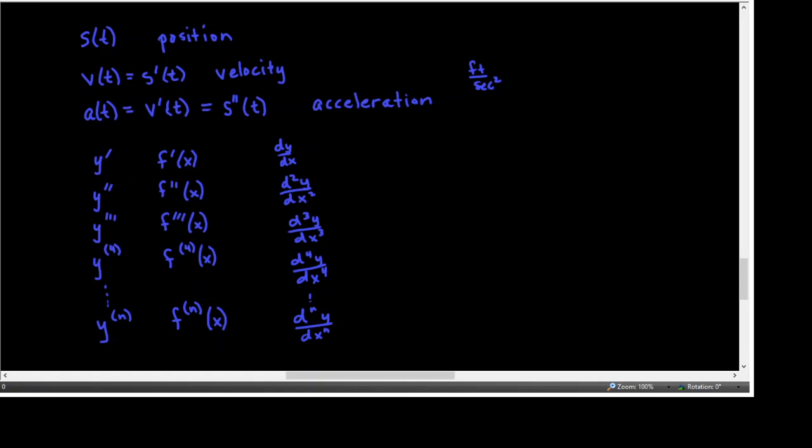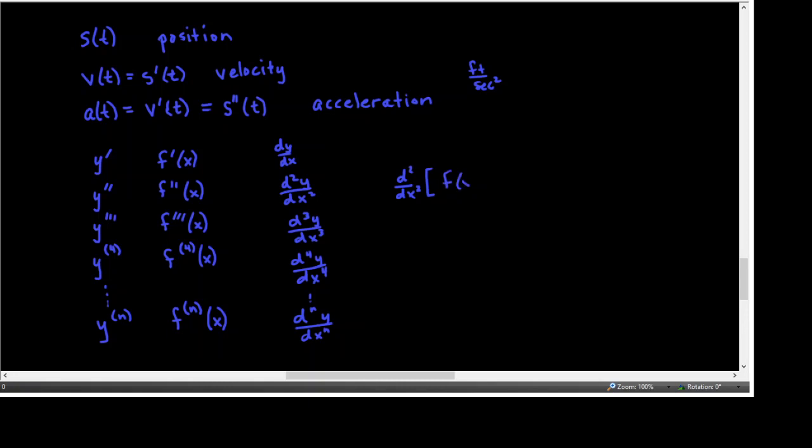And keep in mind, I'll just do one of these, that you can have the d squared dx squared in front of something, which means that you're supposed to take the second derivative of whatever follows. And a lot of times it's going to be f of x there.